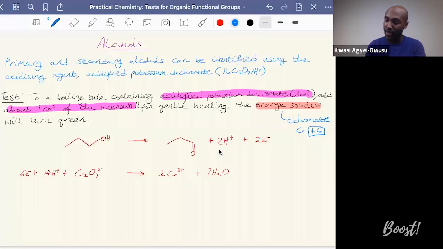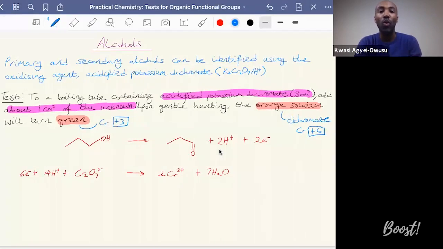And the green solution contains your chromium in the +3 oxidation state. Okay, so that's what's happening to our oxidizing agent. It's changing color from orange to green because we've got a primary or secondary alcohol present.